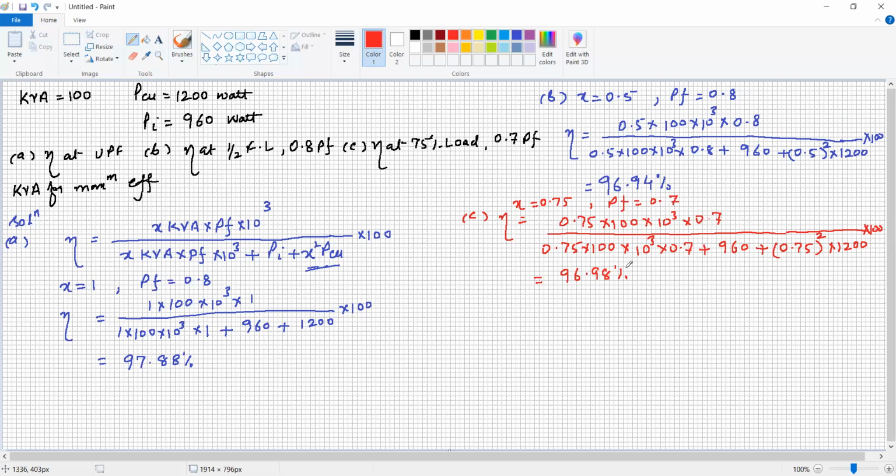Now, the transformer kVA rating at which it will give the maximum efficiency. The kVA under maximum efficiency is equal to the rated kVA multiplied by the square root of iron loss divided by full load copper loss.